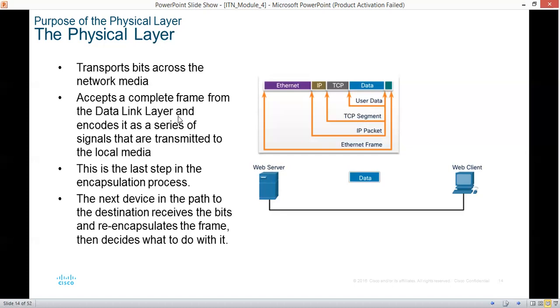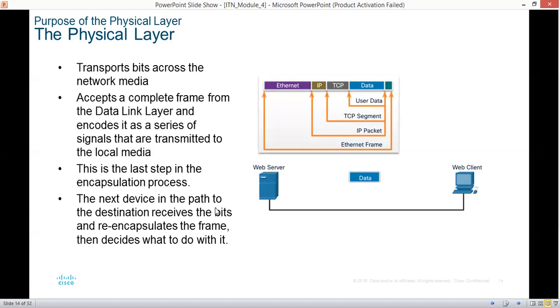So the PDU of data at the data link layer is frame, and that is what is being received by layer 1. This is the last step in the encapsulation process, which is the bit. Remember, the first is data, second is segment, the third is packet, and the last one is bit. So the PDU at the physical layer is bit, and PDU means protocol data unit.